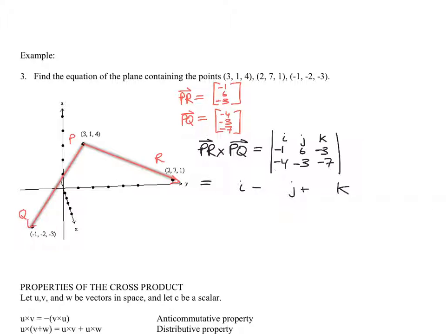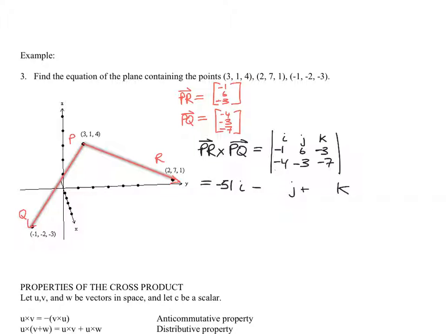So for I, diagonal down would be -42. Diagonal up would be a 9. So -42 minus 9 is going to be -51. Right, for J, diagonal down is going to be 7, diagonal up is going to be 12.